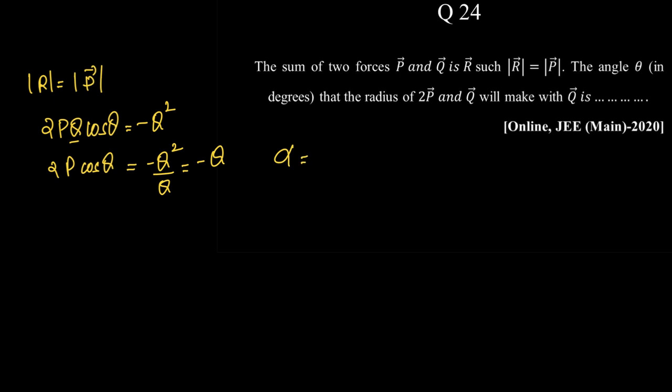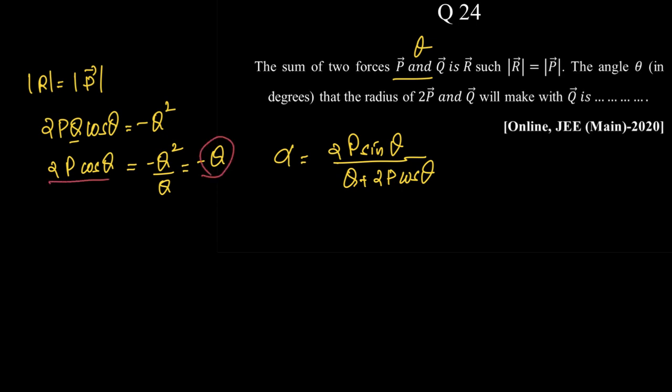The angle alpha is given by tan alpha equal to 2p sine theta, where theta is the angle between p and q, divided by q plus 2p cos theta. Now have a look here. What is 2p cos theta? It is given to us as minus q, which means the denominator becomes 0.